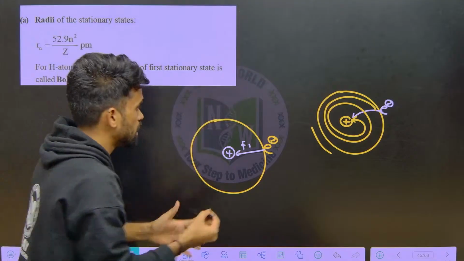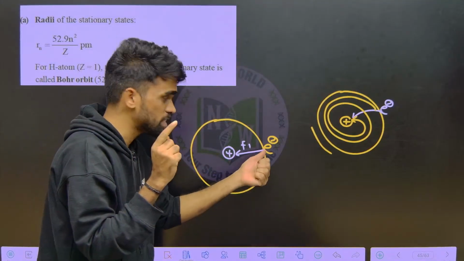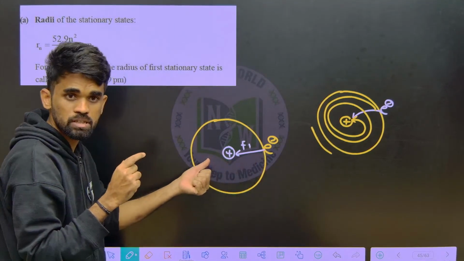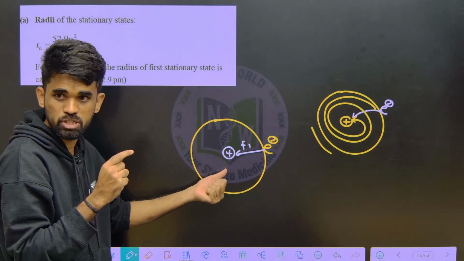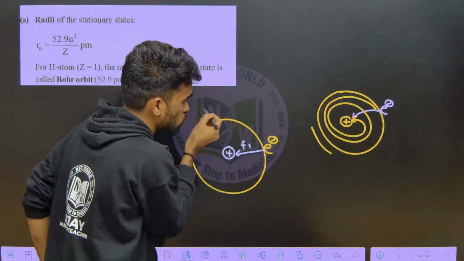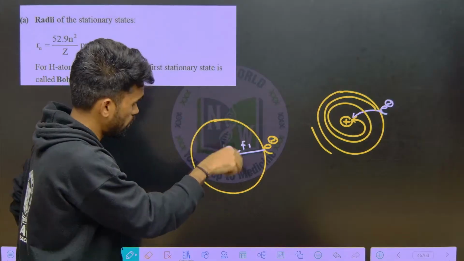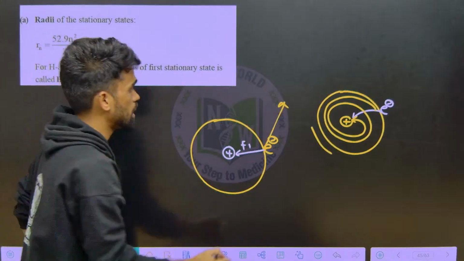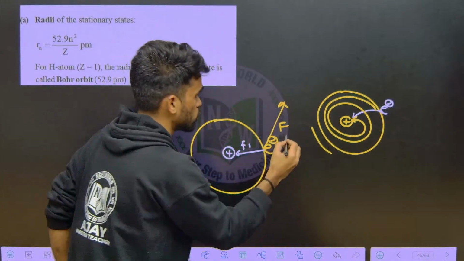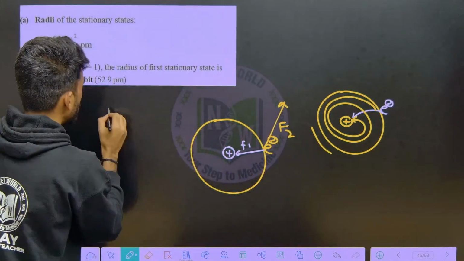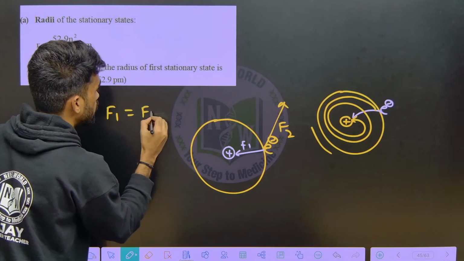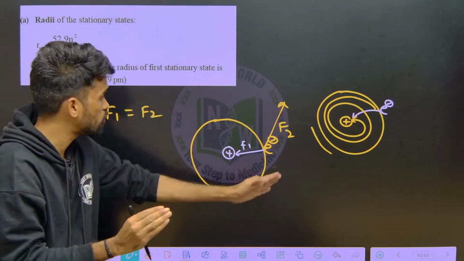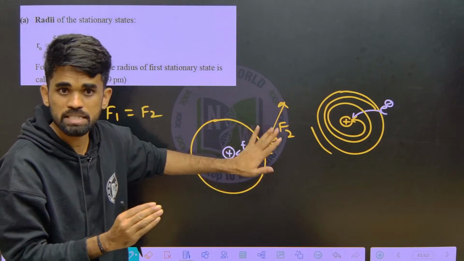So it means there are two types of forces on this electron. One is an inward force with respect to this oppositely charged species. Since it is rotating in this orbit, it also has some outward force. Let us call that outward force F2. So what he told is, when F1 and F2 are equal, then the electron will not fall into the nucleus, it will stay here only.